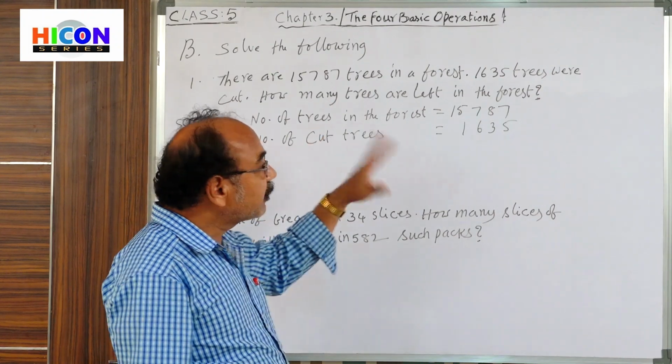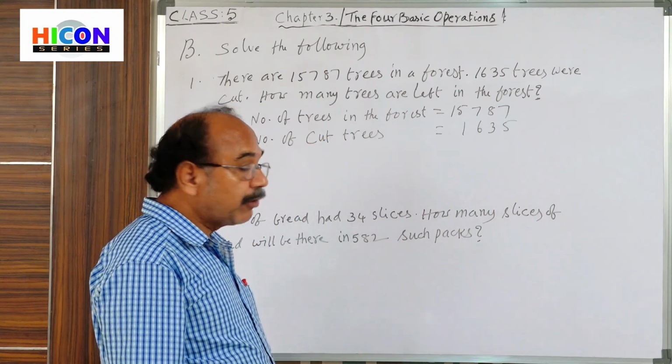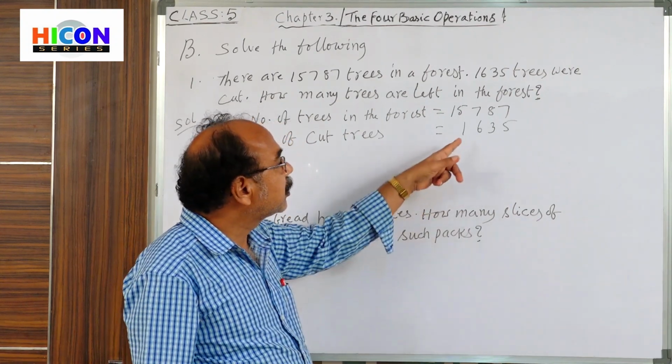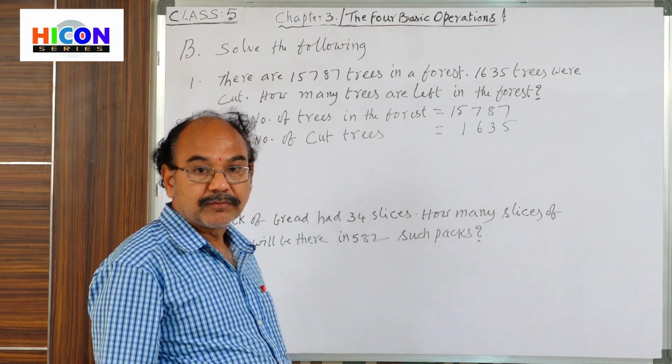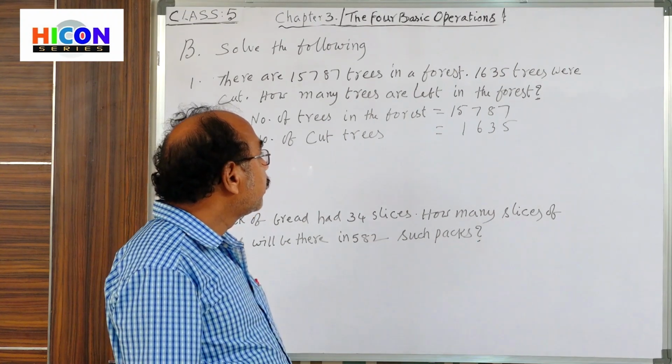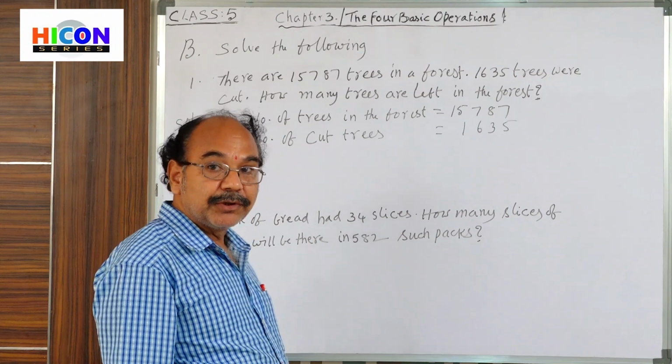How many trees are left in the forest? So what we do here? Subtraction operation. Why? Because these trees are cut and removed. That's why to find the trees left in the forest, we do subtraction.